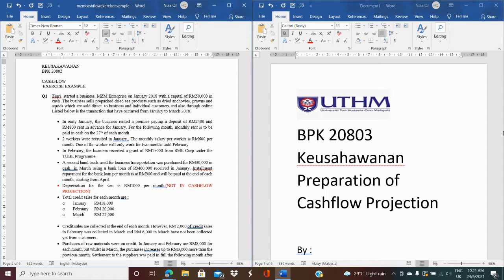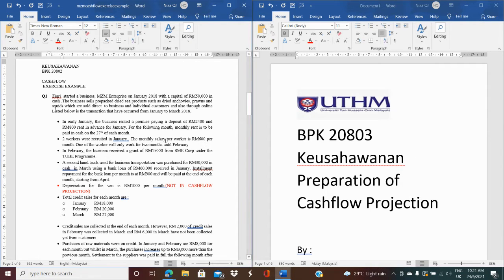So the mode of business is direct retail sale, and also online. Listed below, you can see some information in point form: transactions that have occurred from January to March 2018.